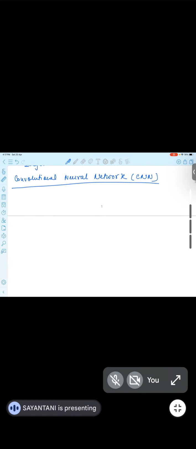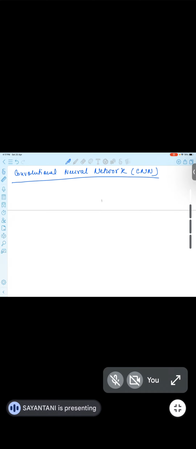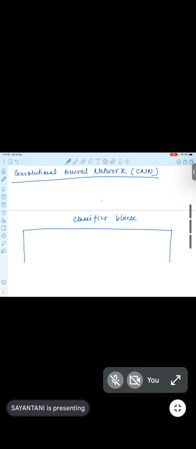So in convolutional neural network, within the classifier block itself, we're going to have three subblocks.